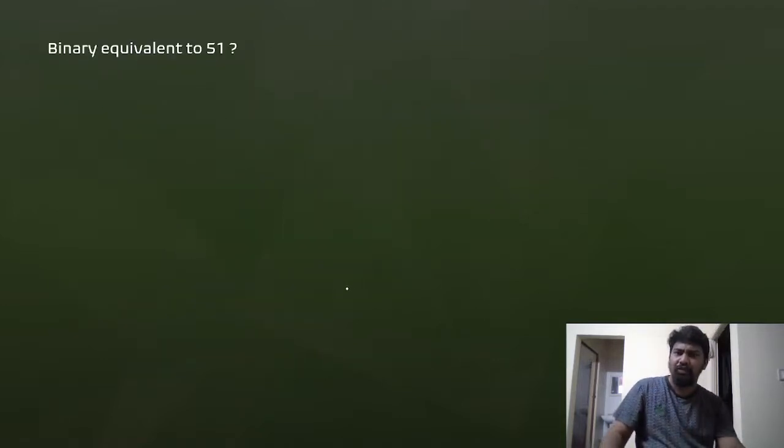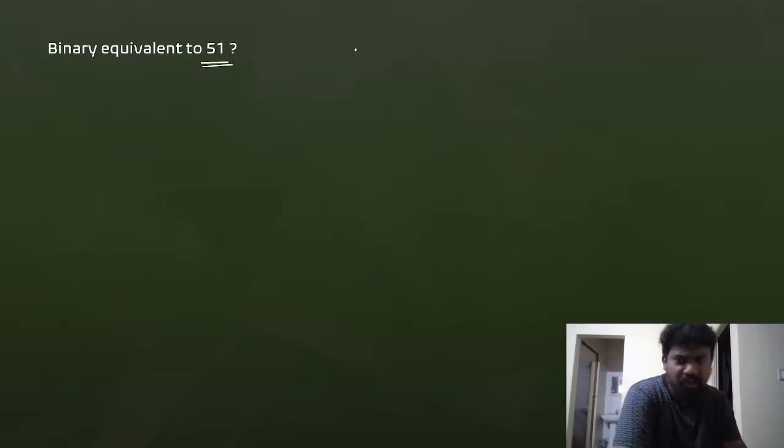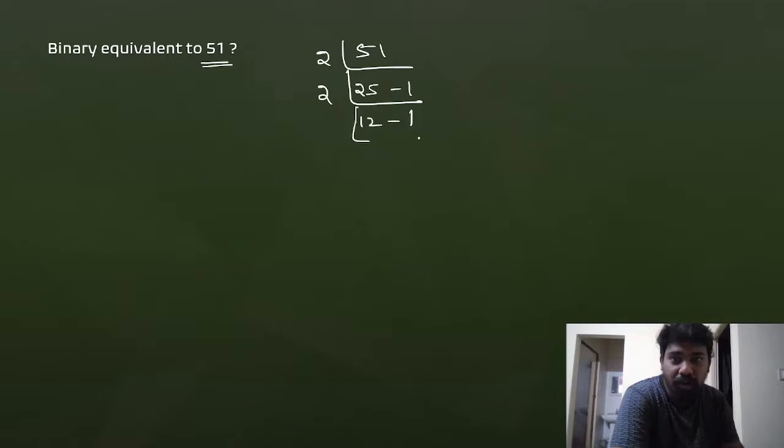Binary equivalent of 51. He gave one decimal number and is asking for the binary equivalent. Simple. Divide by 2, we get 25 with a remainder of 1. Then divided by 2, we get 12 with a remainder of 1. Then divided by 2, we get 6 with a remainder of 0. Then 3 with a remainder of 0.